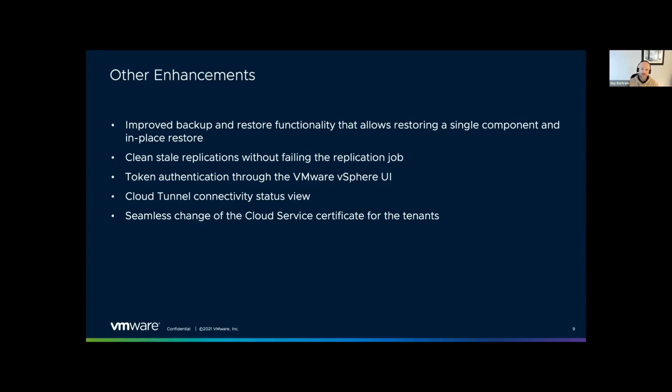The cloud tunnel connectivity status view is going to help them troubleshoot the current status of the tunnel, and if there are any issues with the tunnel, where it is. And this cloud certificate change, which does happen quite often, with automatic trust and import of the new certificate, is going to make that whole operational capability much simpler for a cloud provider, especially when they're doing things at scale.